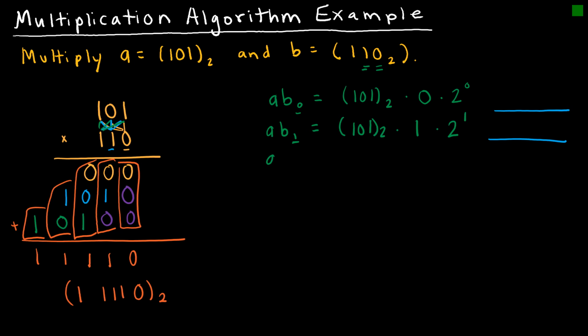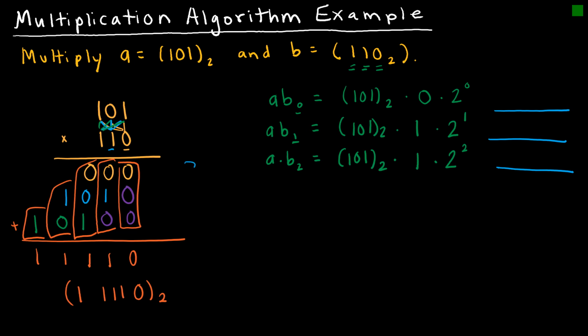And then I'm going to take A times B sub 2, which is 101 base 2 times, it looks like we're looking at a 1 again, and this time it's 2 to the second. And again, I'm going to find all of those values.